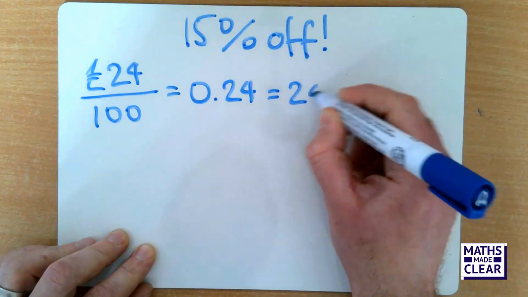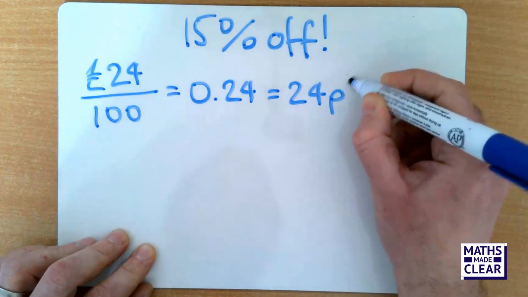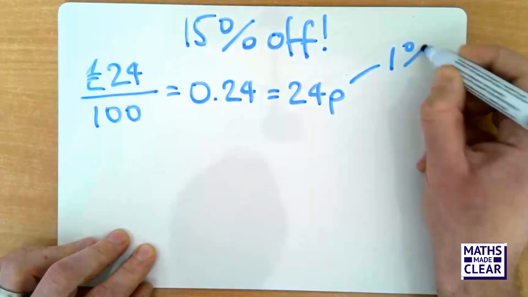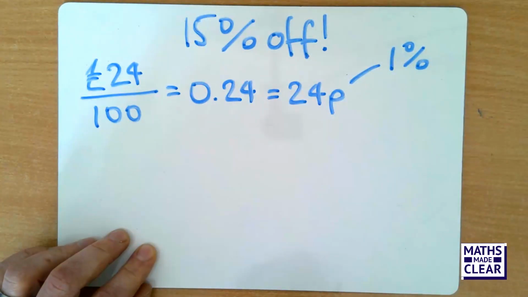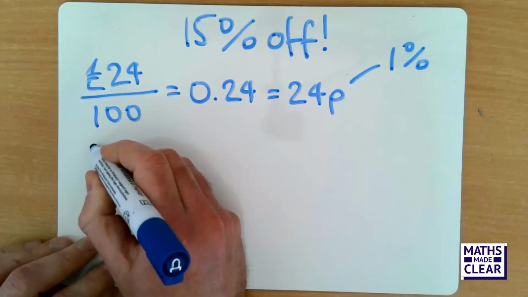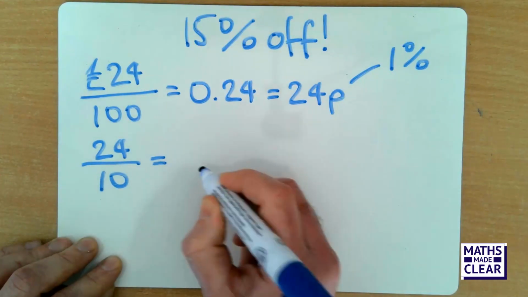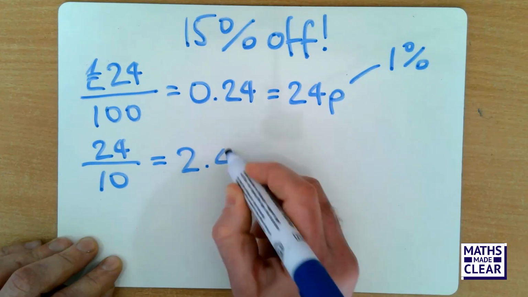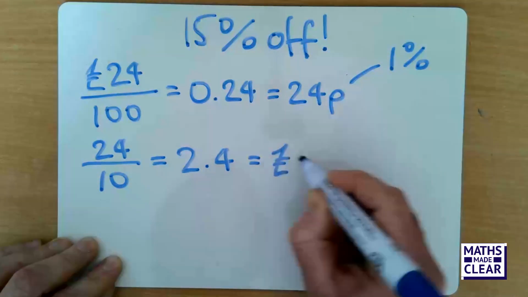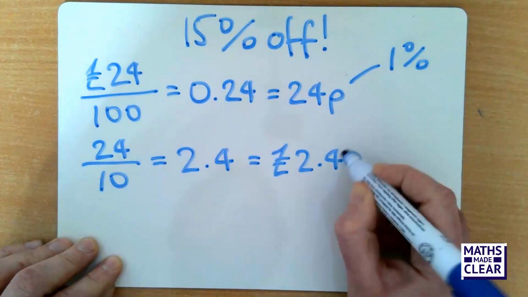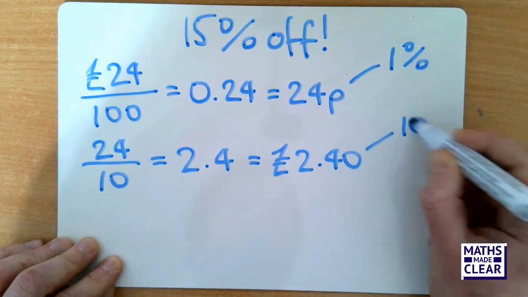So 1% of £24 is 24 pence. In that case, maybe I can think about what 10% might be. Well, in that case, it would be 24 divided by 10. Well, that would give me £2.40. So I know that 10% of £24 is £2.40.